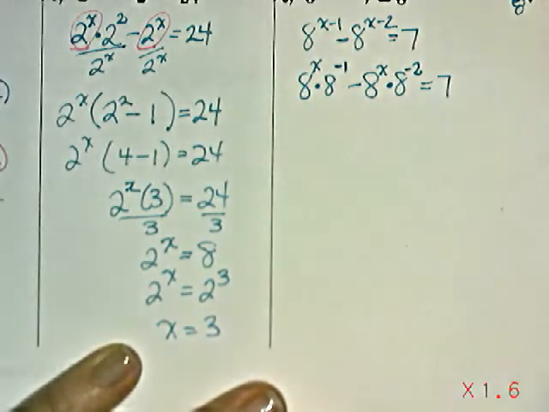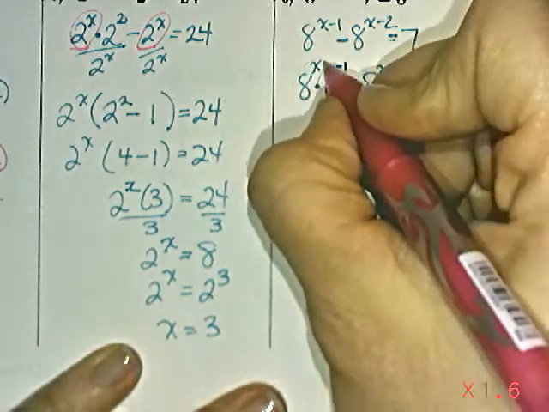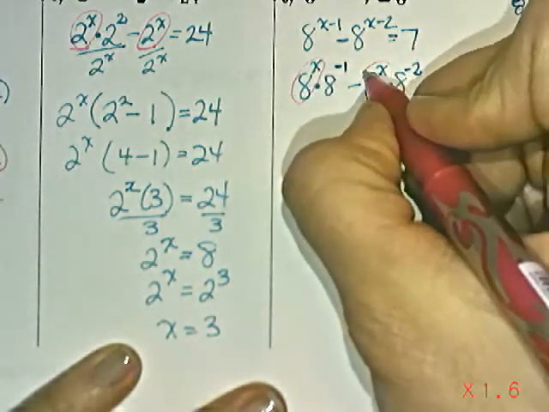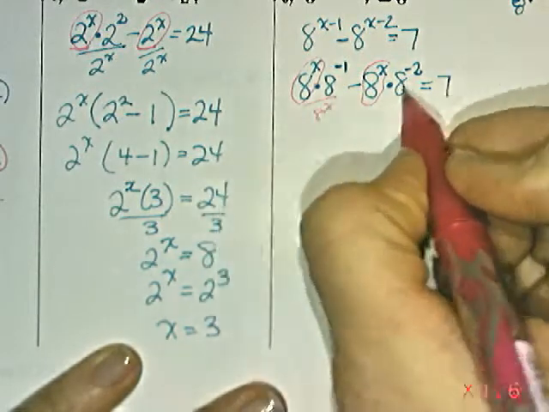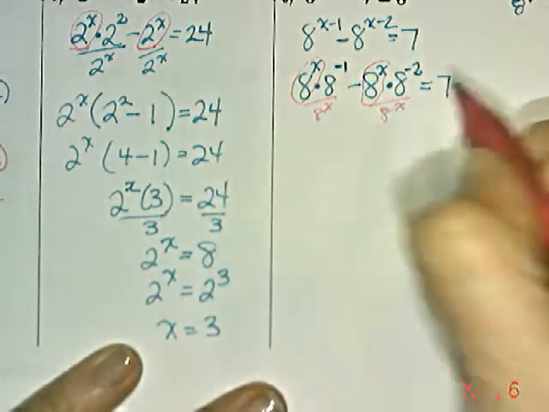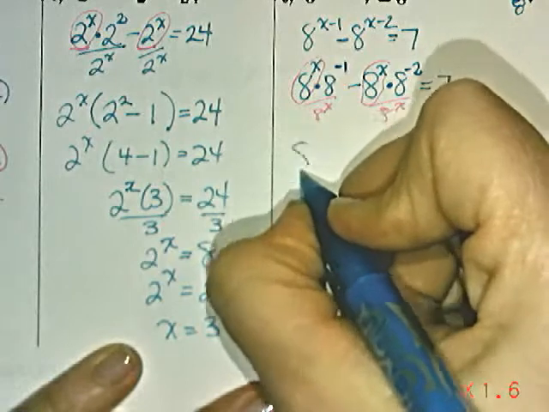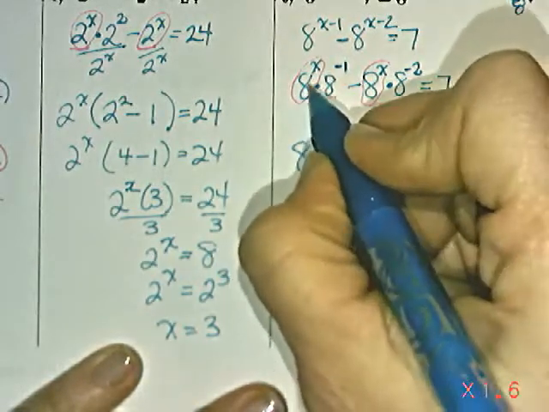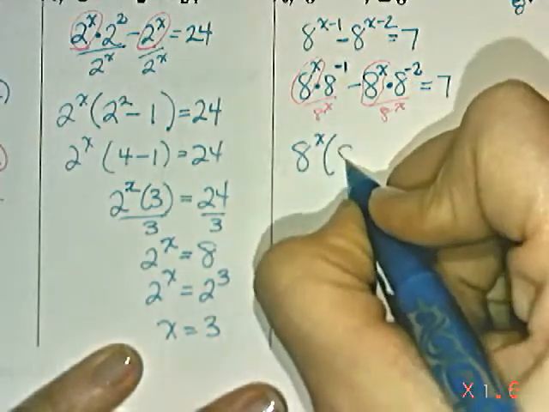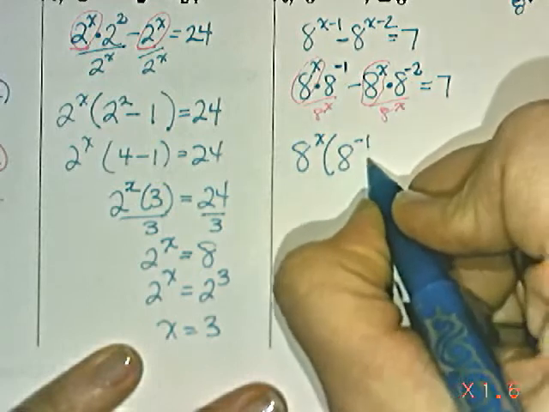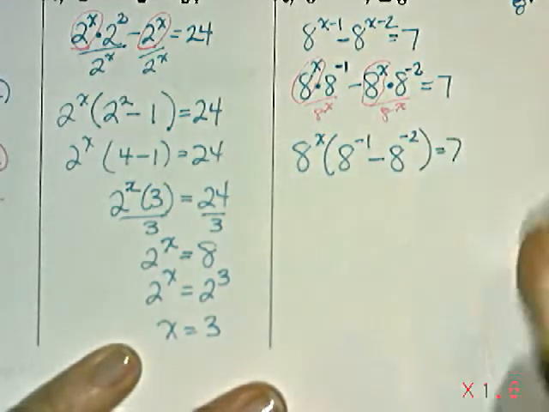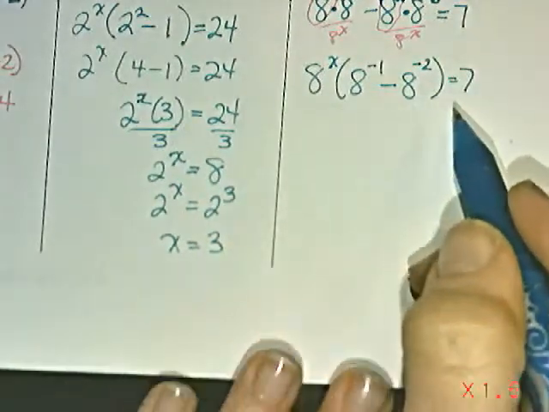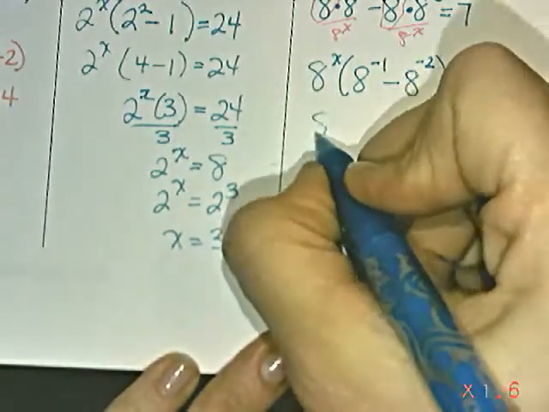And then of course I'm going to recognize that I have this 8 to the exponent x in both of these sets of terms, and so I'll divide it out of this term, divide it out of this term, pull it out front in common factoring, get it to one location rather than 2, and I've got 8 to the exponent -1 minus 8 to the exponent -2 left over, and I just simply have to deal with those as fractions.